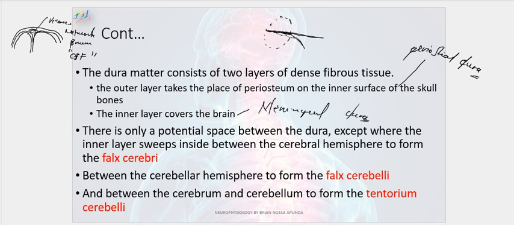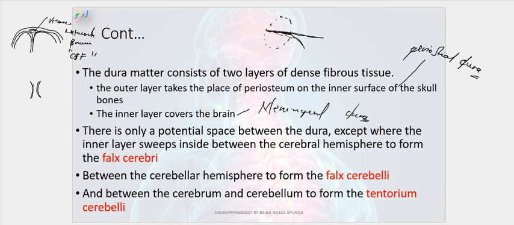Apart from the falx cerebri, there is also the one between the cerebellar hemispheres, forming the falx cerebelli. So between the cerebellum, not the cerebellum, between the cerebrum, it also has two hemispheres. If you look at it posteriorly, let's just assume this is the posterior.